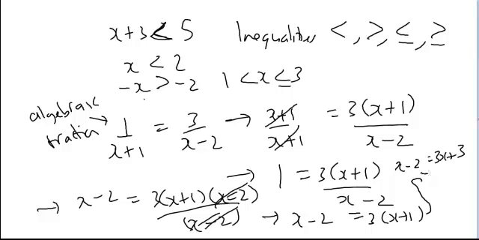So then I'll end up with minus 2 is equal to 2x plus 3. Now I subtract 3 from both sides. So I get minus 5 is equal to 2x. So then x is equal to minus 5 over 2.